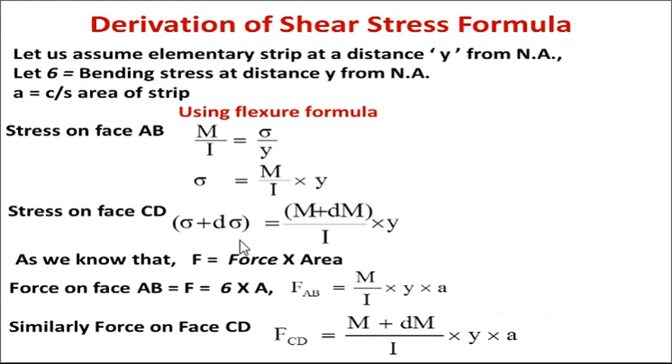So the stress on face AB is sigma, and on CD it will be sigma plus d sigma, the addition over the length dx. Similarly, the moment will also be added, because stress, moment and shear force change from point to point, so with the addition of dx, the moment will change from M to M plus dM, divided by I into y.